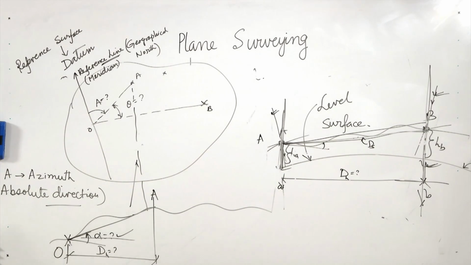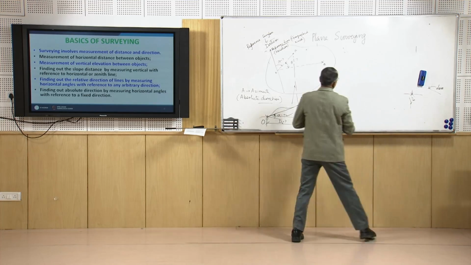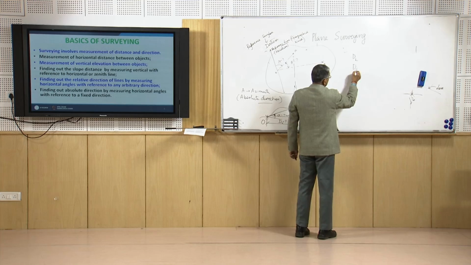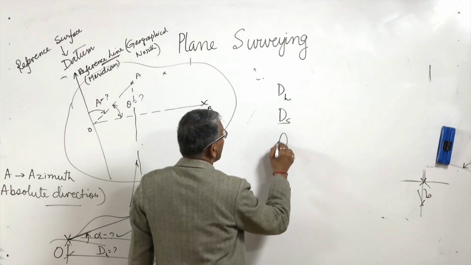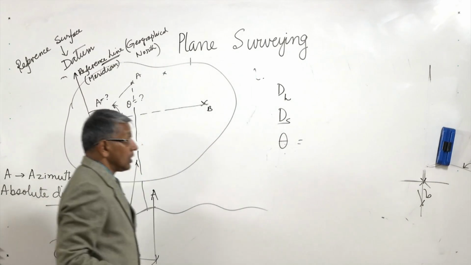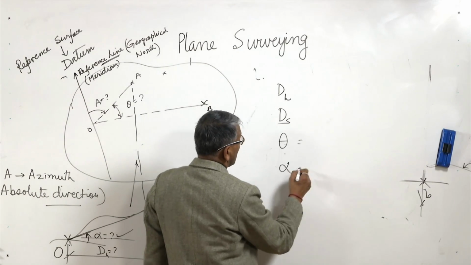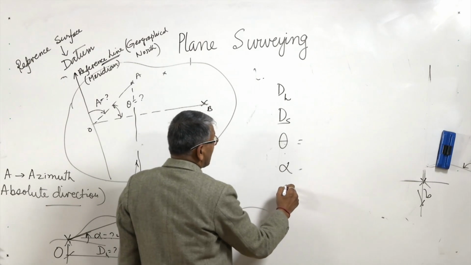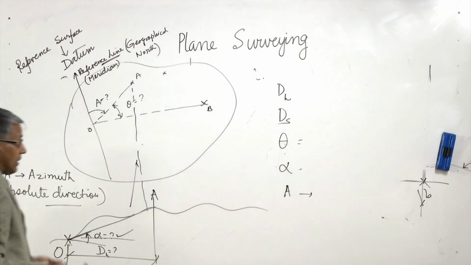So in short, we would like to measure the horizontal distance, the slope distance between two stations, the horizontal angle between two stations with respect to one station, then the vertical angle, then the direction of a line, and azimuth.